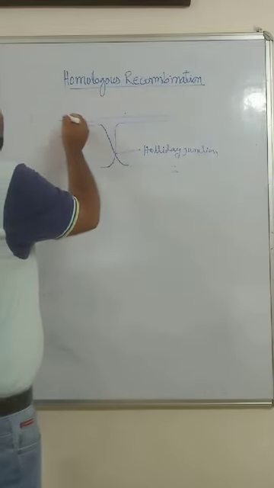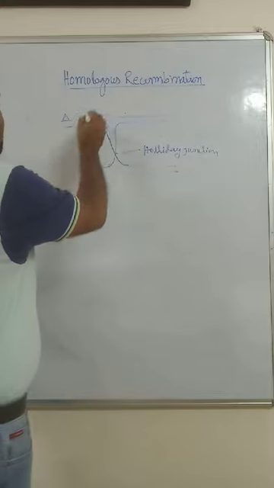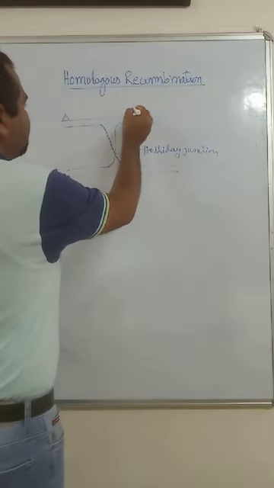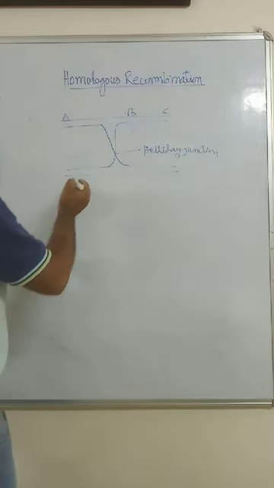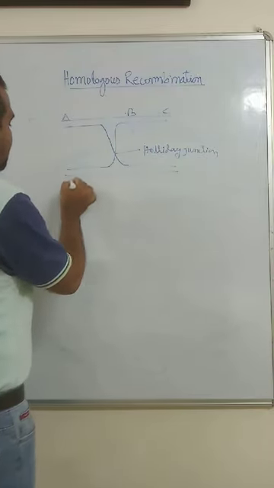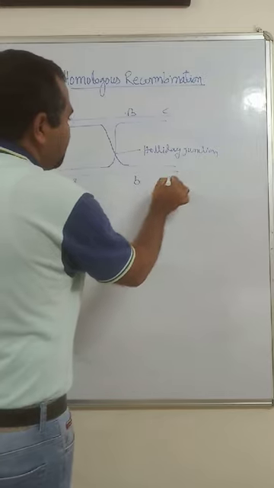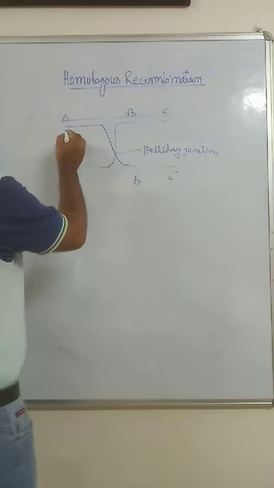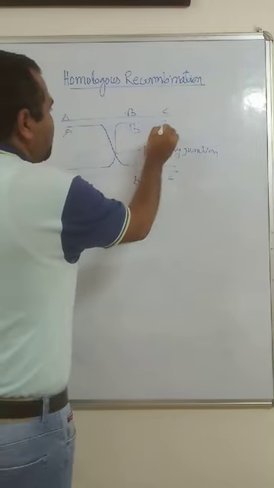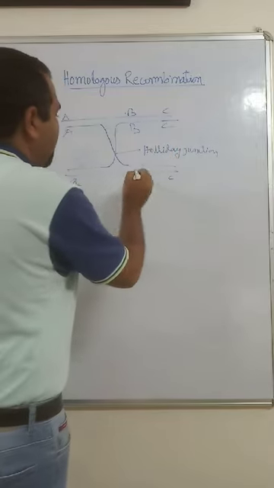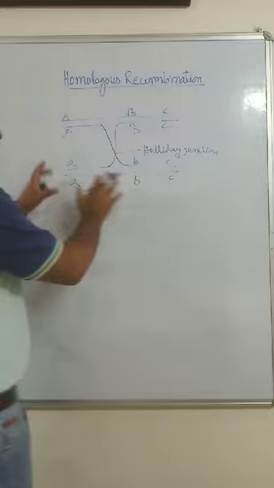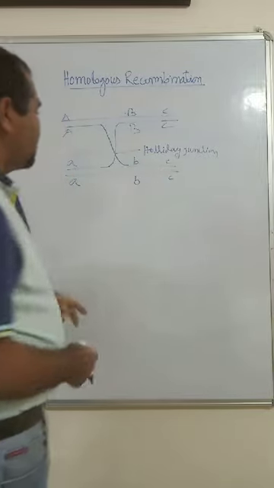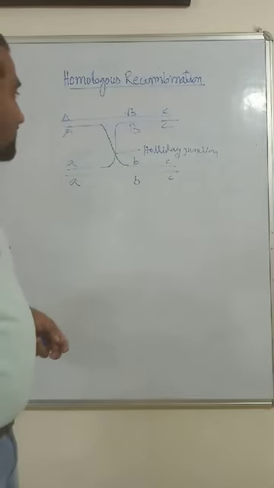So if the gene sequence is suppose A and it is suppose B and C, this is C. Similarly, suppose this is A, this is B, this is C, and here A, B, and C. This small letter shows the recessive allele.